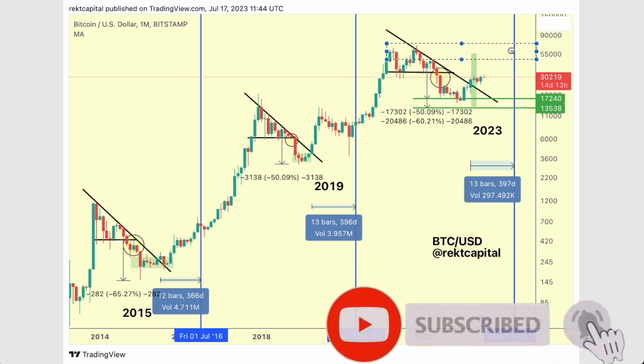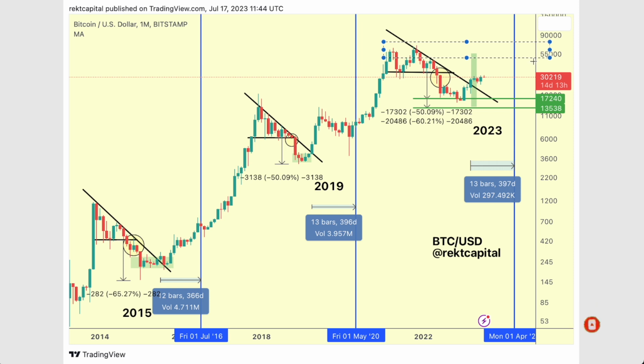So the same will happen here post-halving. We're going to break the 55K region in the immediate months after the halving, as we've seen in the past. So pre-halving prices are always going to be lower than post-halving prices. And that's just been a cyclical, recurring theme in the Bitcoin price history.